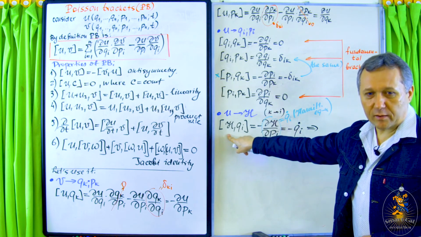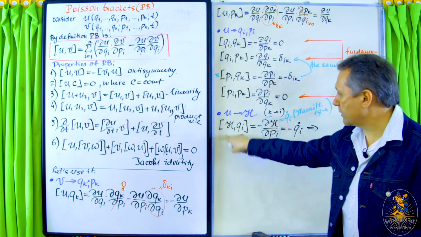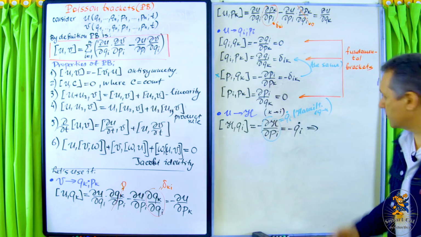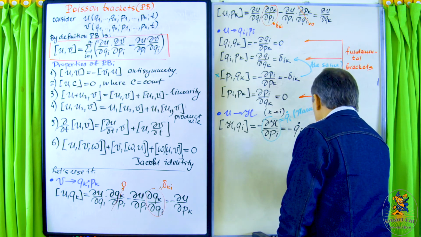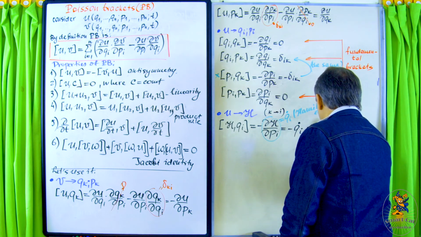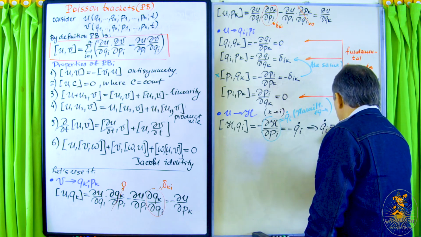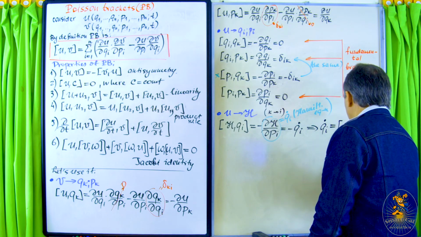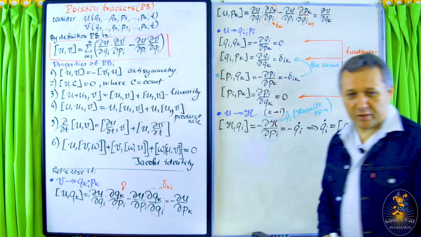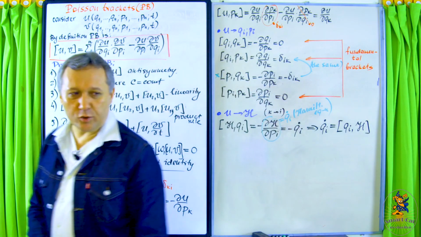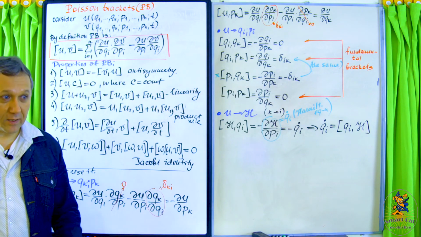But we can easily hide it using antisymmetry, the first property: we can flip the order. That's it. So as a result, I can write that q_i dot equals the Poisson bracket of q_i and H. Hamilton's equation number one written in terms of Poisson brackets, as I told you.